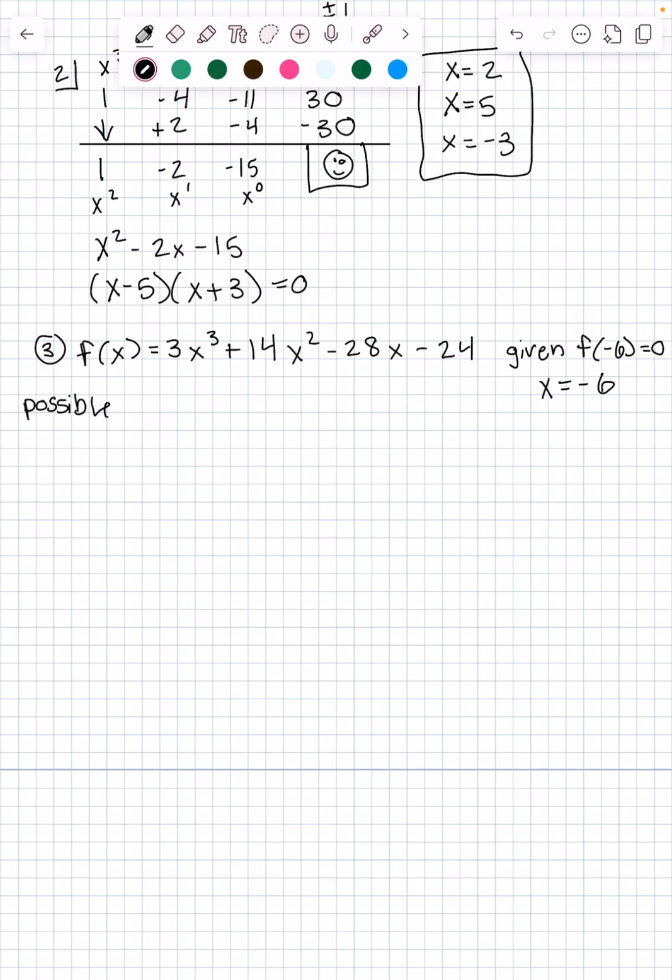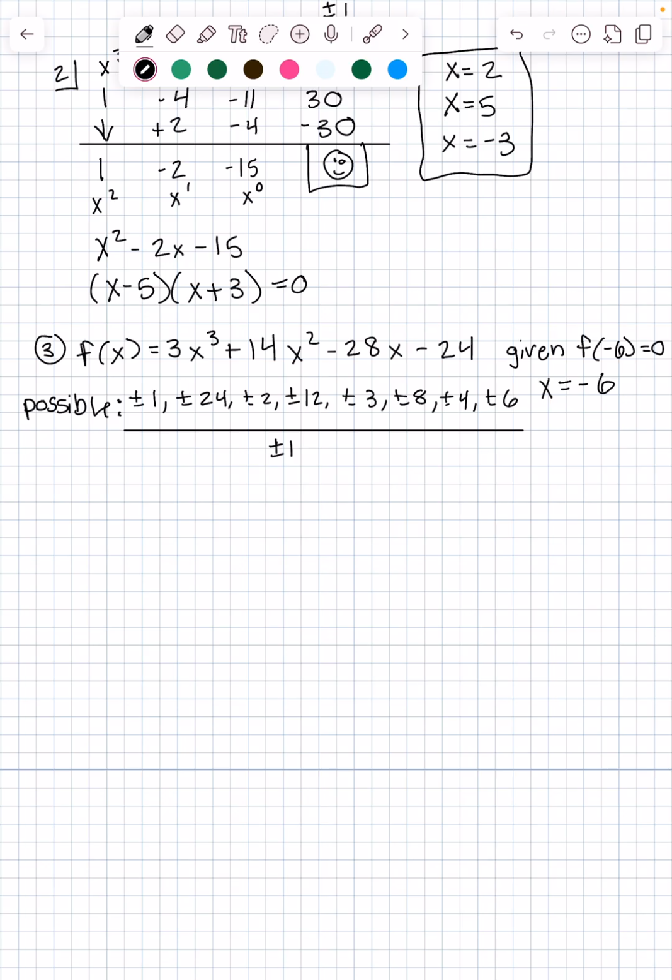So factors of the constant, which in this case is -24. So plus or minus 1, plus or minus 24, plus or minus 2, plus or minus 12, plus or minus 3, plus or minus 8, plus or minus 4, plus or minus 6, divided by the factors of my leading coefficient, which is 3.